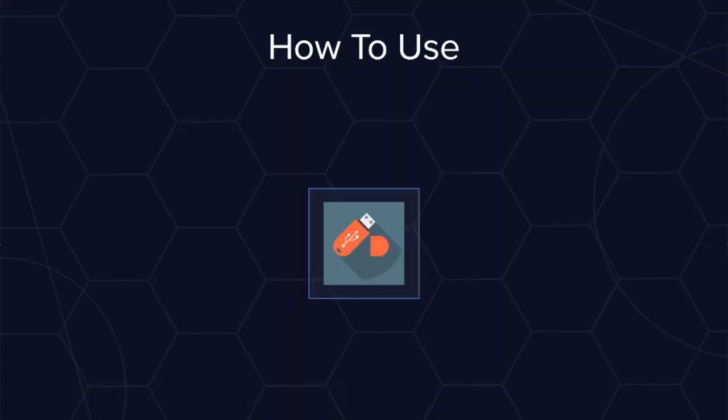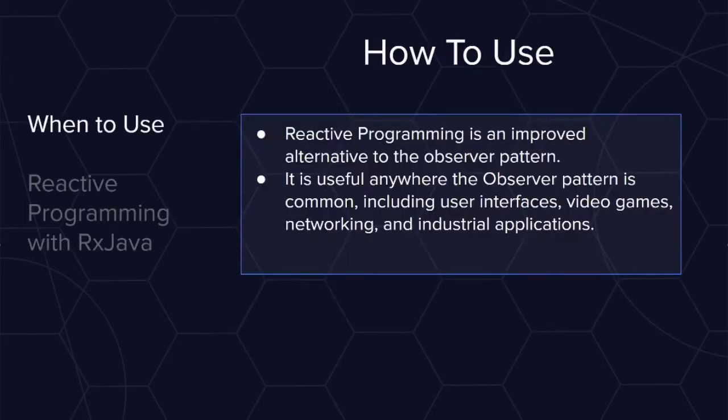In this section, I'll be covering how to use reactive programming. The first thing to consider before you can use reactive programming is when to use it. Reactive programming is an improved alternative to the observer pattern that's designed to deal with events as a stream of values over time rather than a series of unique responses to discrete changes in state.